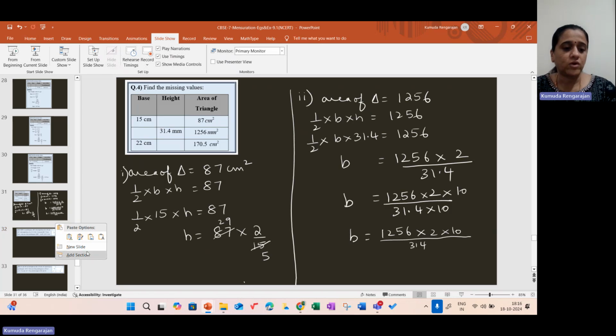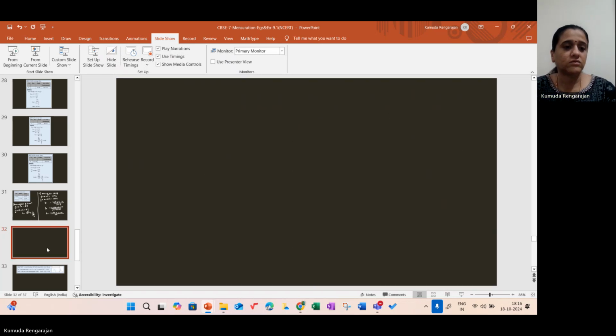So you were telling about this formula, right? Okay. So see here, area of triangle is equal to half into base into height, right? Half into base into height is equal to area.